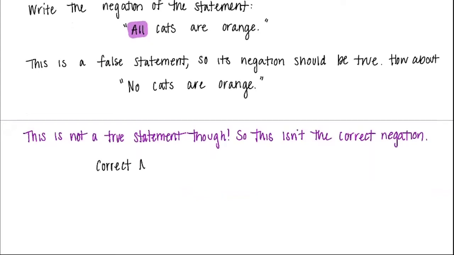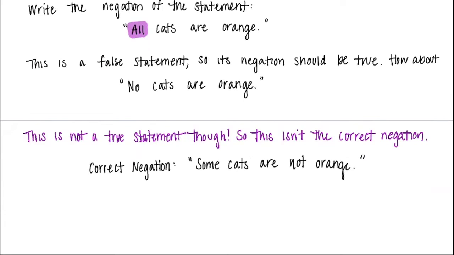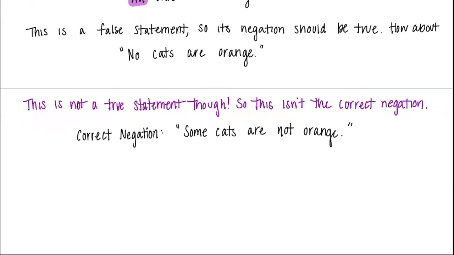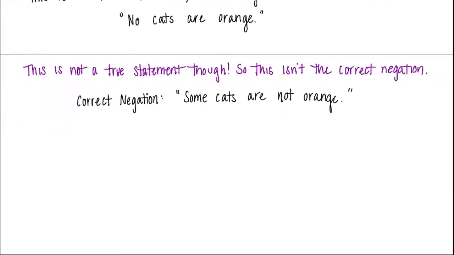So the correct negation is going to be some cats are, and then we want to add that not to change the meaning, orange. So I'm going from are this property to are not and changing that quantifier all to some. So let's look at some statements and their negation for all of these quantifiers.